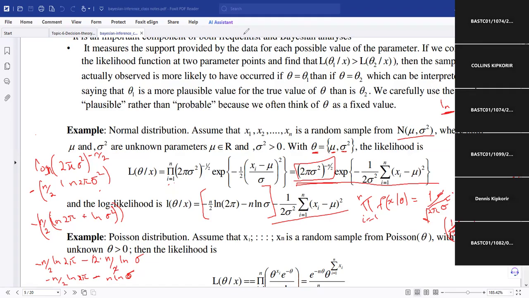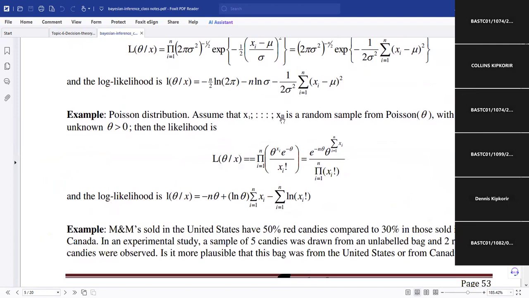Then let me show this other one. The second one might be a little bit simpler. Using a Poisson distribution, we assume that x1 all the way to xn is a random sample from a Poisson distribution with parameter theta. Theta, of course, is greater than 0 for a Poisson distribution.